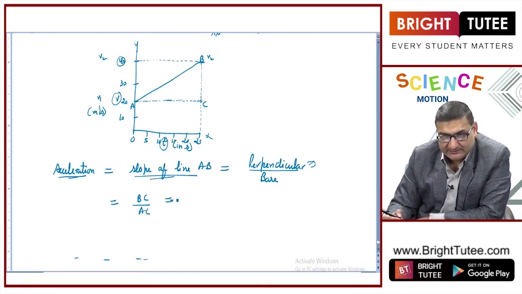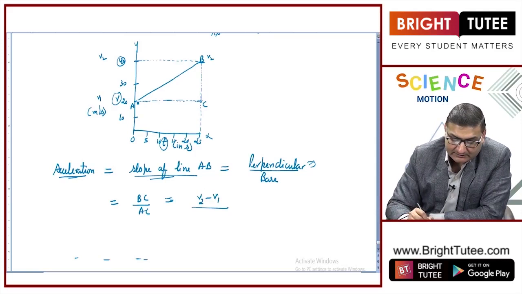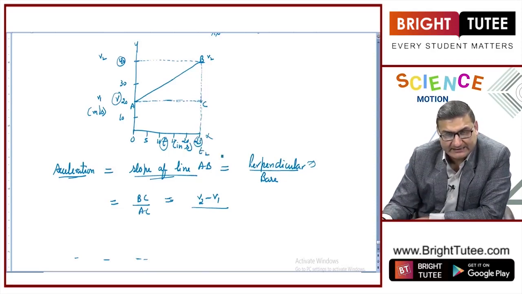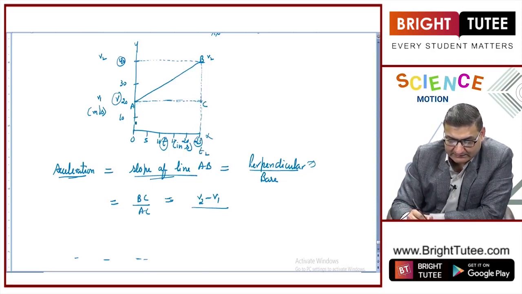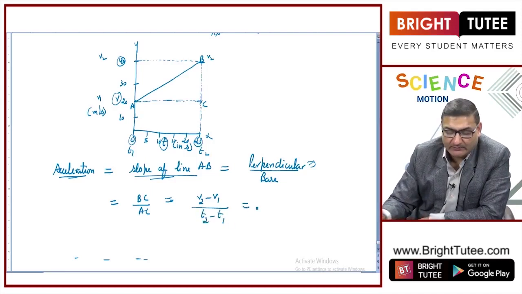So, the change in velocity is V2 minus V1, divided by the change in time. The car is travelling from A to C. So, the time corresponding to C, that is 25, is taken as T2 and the initial time 0 is taken as T1, and AC, which corresponds to 0 to 25, is calculated by T2 minus T1.